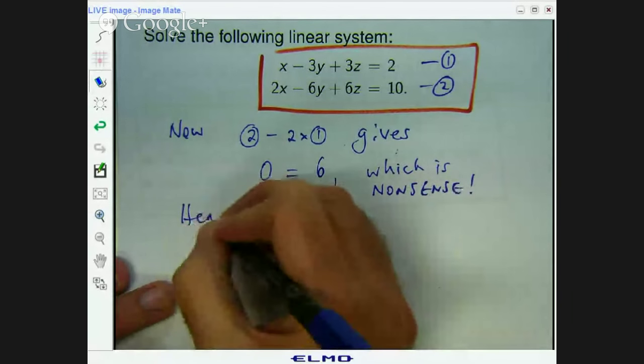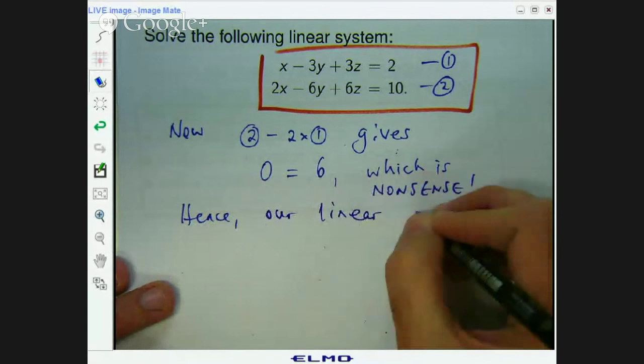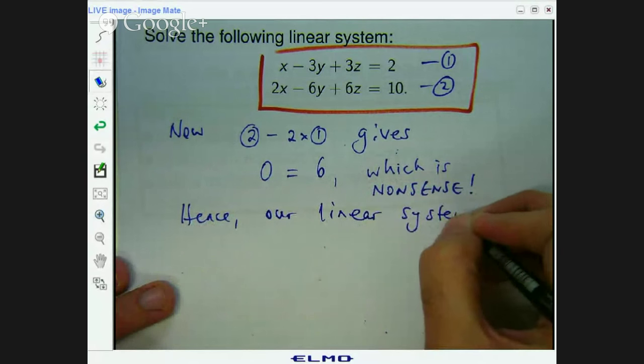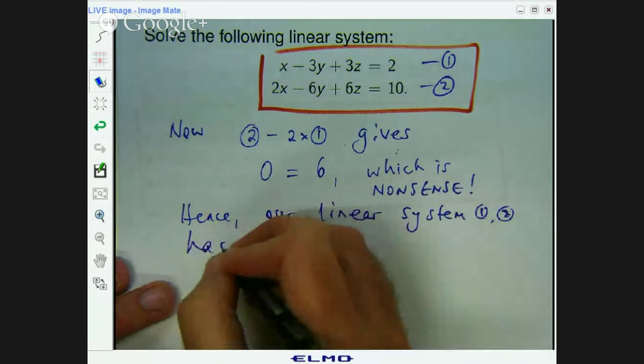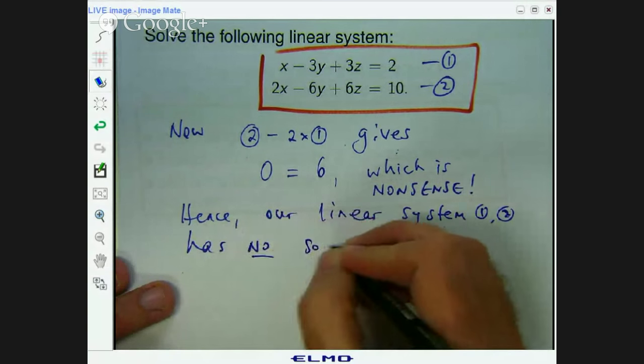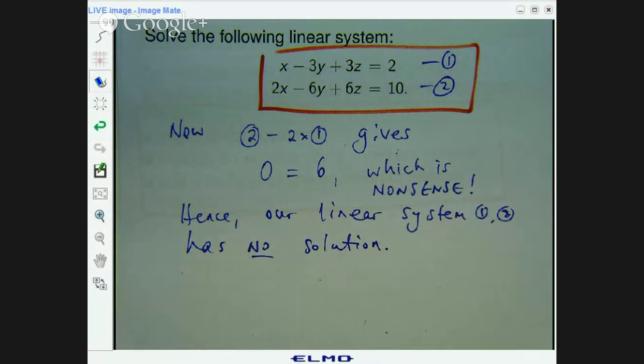Hence, our linear system, 1, 2, has no solution. All right, now geometrically, what does this mean?